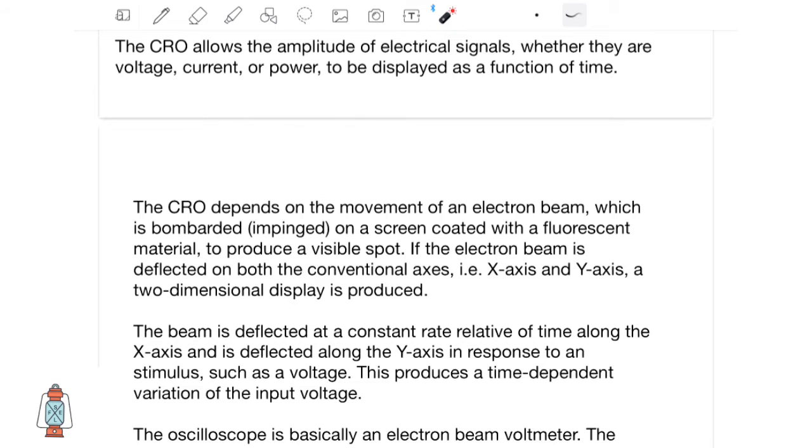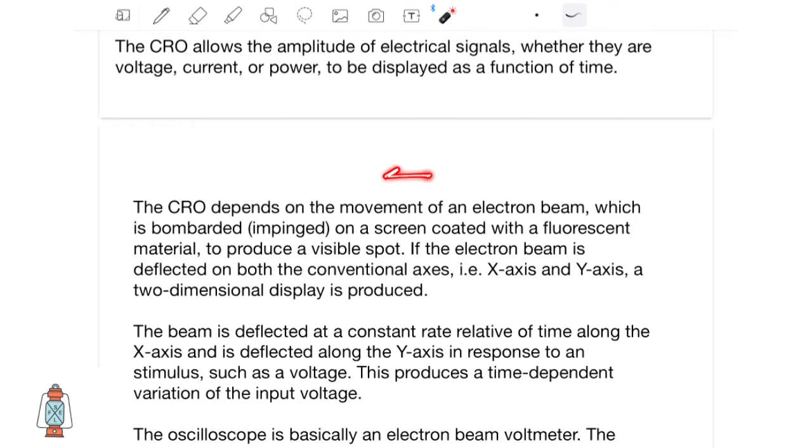So now if this is the screen, and if the motion is horizontal, you can imagine in a two-dimensional plot, imagine that the screen is towards you, so the spot can move. This is the spot. At this point, the electron beam is hitting.